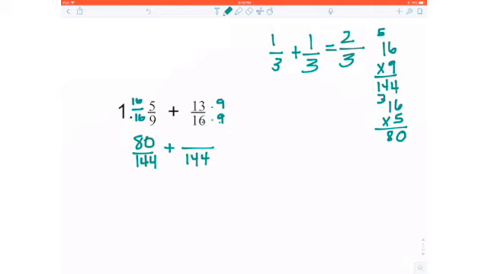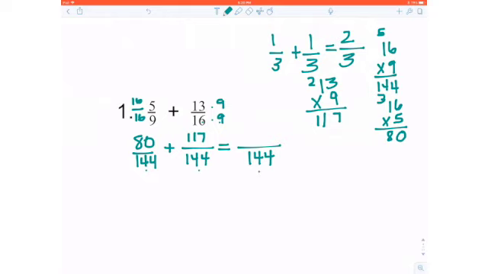And now let's do 13 times 9, so we can get the numerator for this one. 9 times 3 is 27. We carry the 2. 9 times 1 is 9, plus 2 is 11. So we have 117. Now remember, when we're adding them, the denominator stays the same, right? 144, 144, 144.